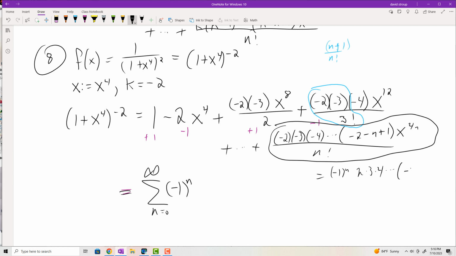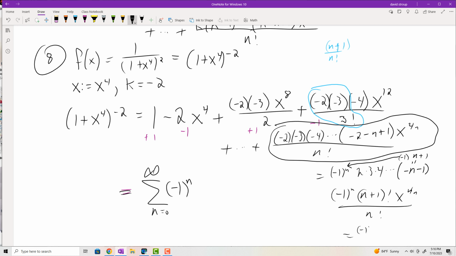So what is that? It's negative n minus 1, which is really a negative 1, which we factored out into this negative 1 to the n, times n plus 1. It's n plus 1 factorial, folks. So that numerator is going to be negative 1 to the n times n plus 1 factorial times x to the 4n all over n factorial. So what is that?